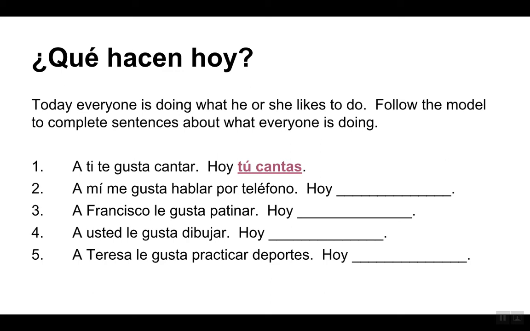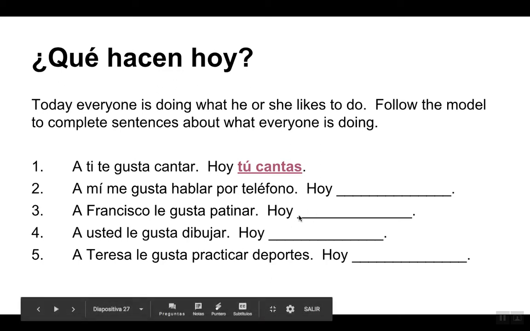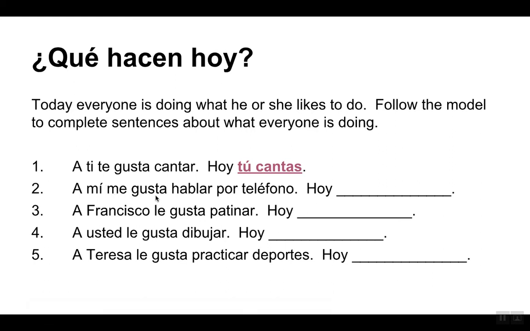Let's try it for number 2. A mí me gusta hablar por teléfono. I like to talk on the phone. We know it's about ourself, I, because we're saying me gusta, I like. Hablar, to speak. So we're going to have today, I speak on the phone. Hoy, yo hablo. And you could also add on por teléfono. Yo hablo por teléfono. I speak on the phone.